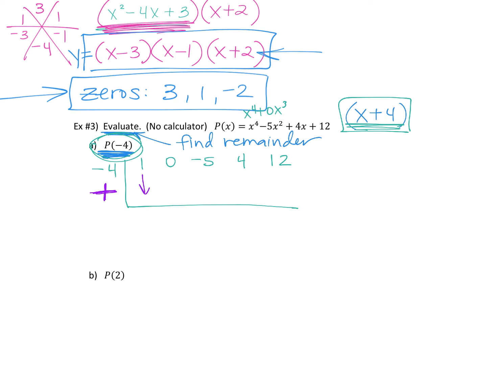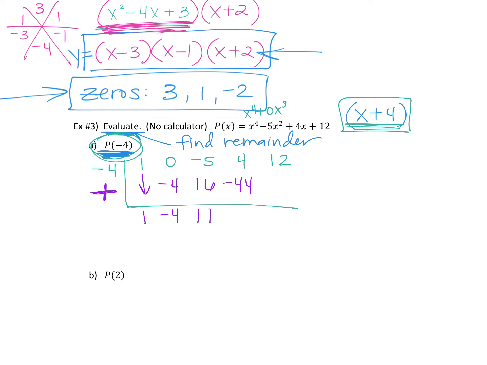Bring down your 1. -4 times 1 is a -4. 0 plus -4 is -4. -4 times -4 is a +16. And then add those together. -5 plus 16, what do you get? 11, right? -4 times 11 is a -44.